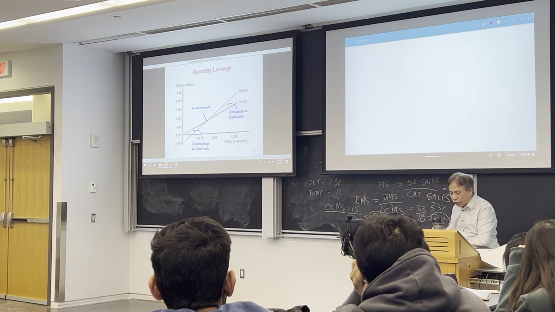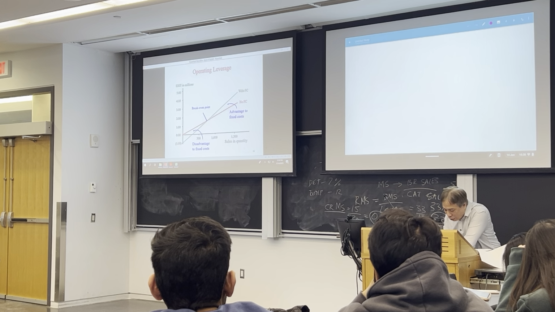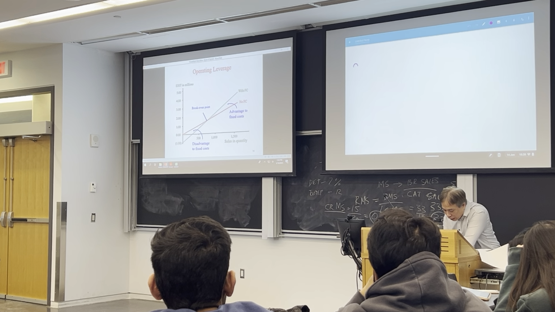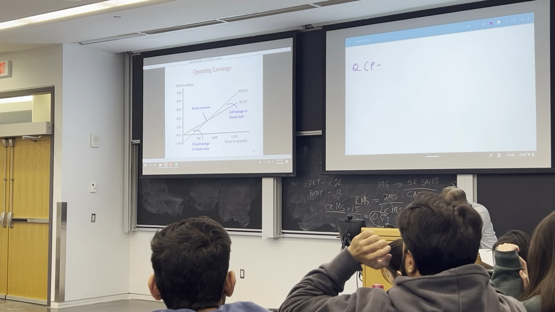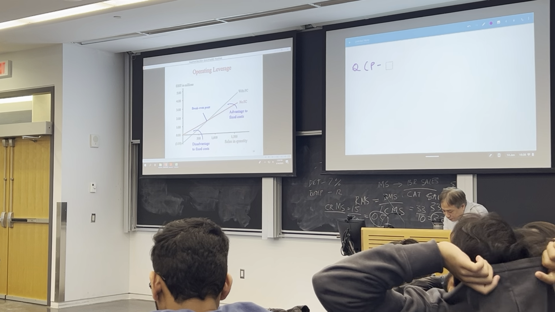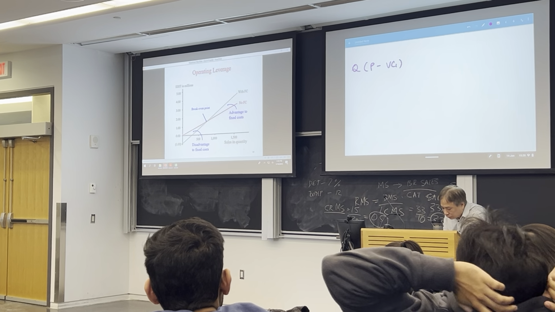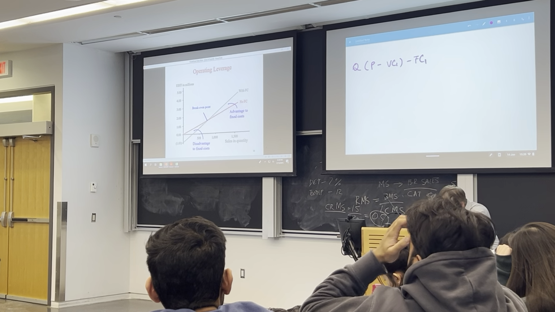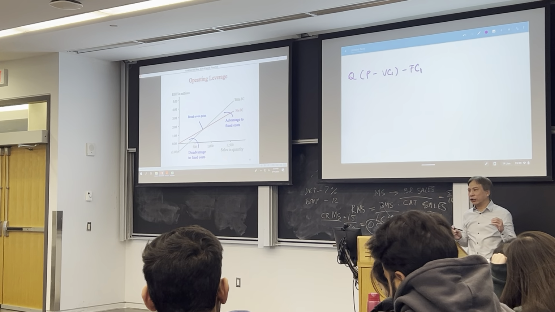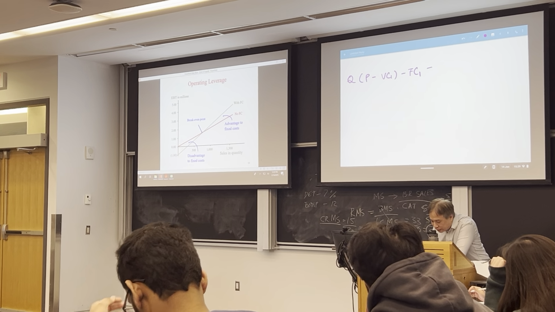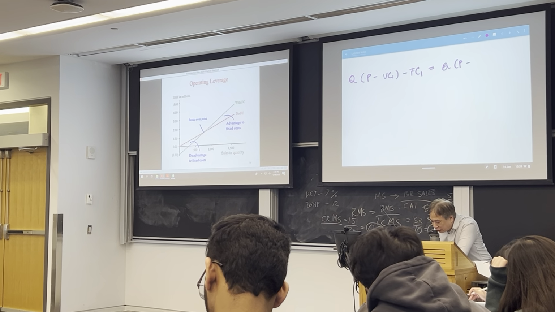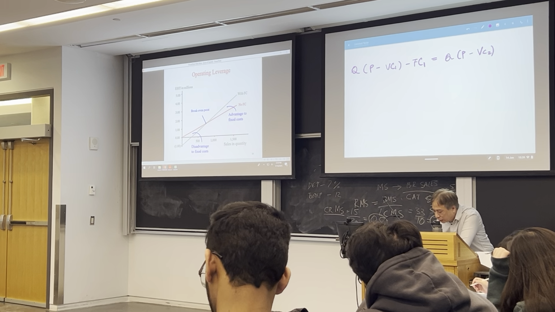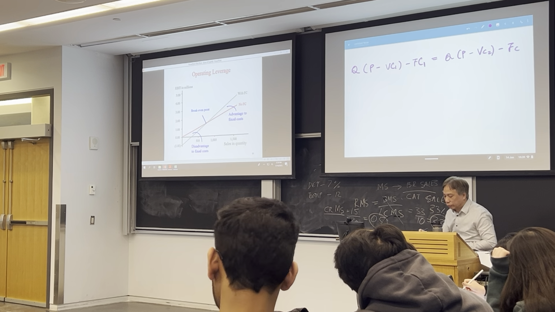To solve for the indifferent quantity is extremely easy. What you need to do is calculate your EBIT, which is Q times price minus variable cost 1 minus fixed cost 1. This is the first production technology. And then the second production technology is Q times price minus variable cost 2 minus fixed cost 2.